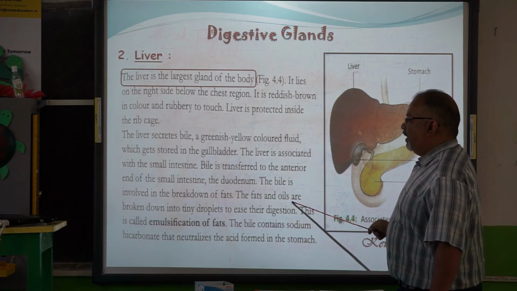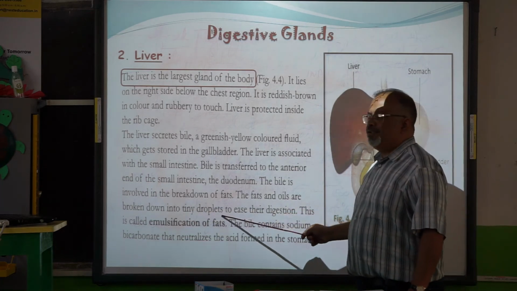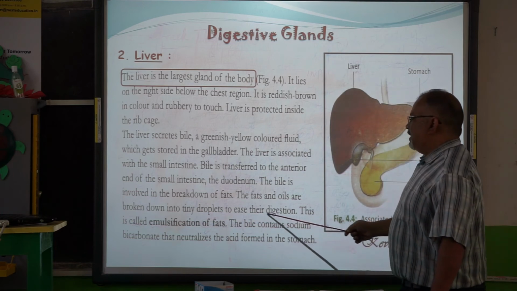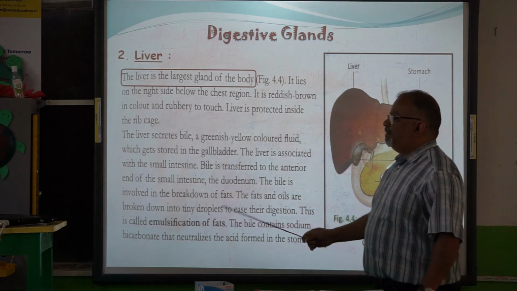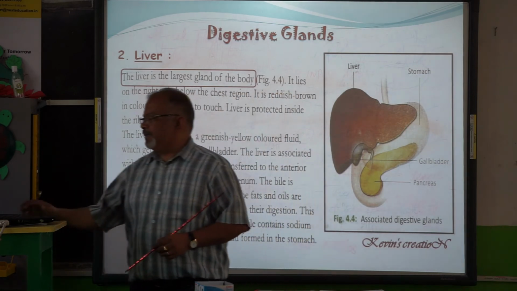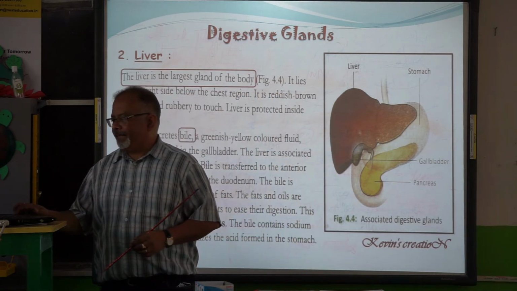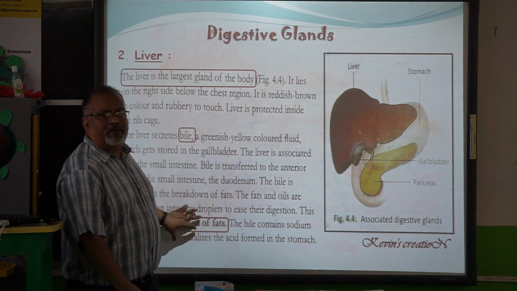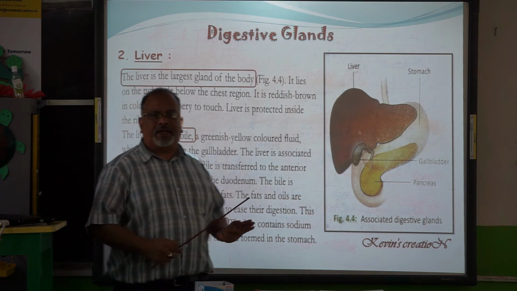The fats and the oil are broken down into tiny droplets, okay, to ease their digestion. This is called emulsification of fats. It may look like a very big word, emulsification of fats.